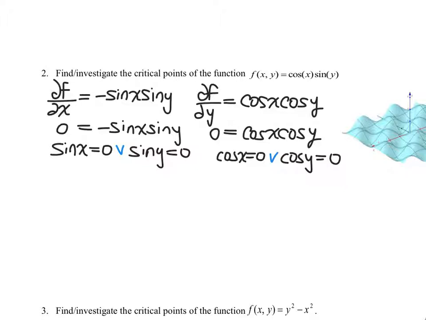That happens along the x-axis. So we're talking about x has to be equal to 0, pi, 2 pi, and so on. y has to be equal to 0, pi, 2 pi, and so on.